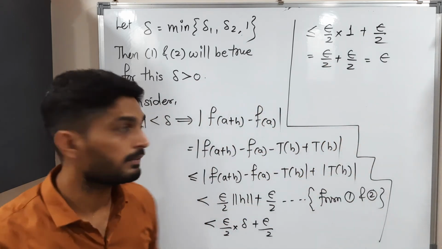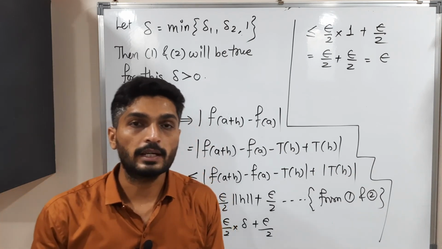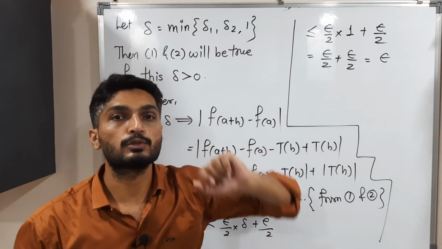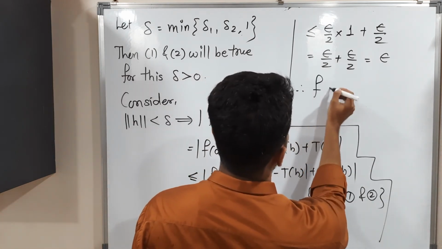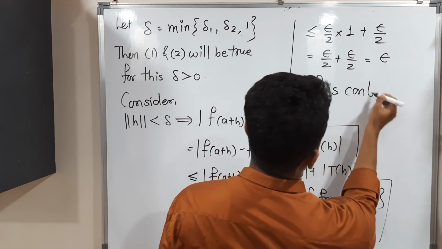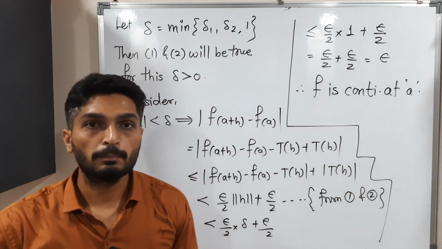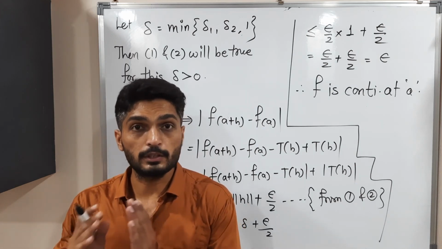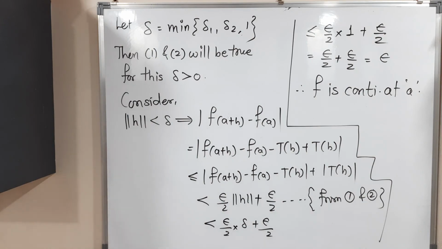So finally we proved that mod f of a plus h minus f of a is less than epsilon. Therefore f is continuous at a. In this way we proved that every differentiable function is continuous. Make a screenshot of it. After that we will stop. Thank you. Bye bye.